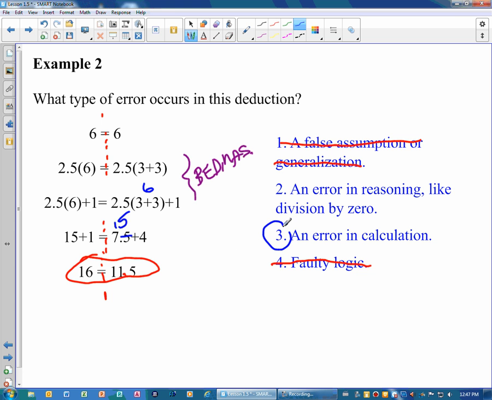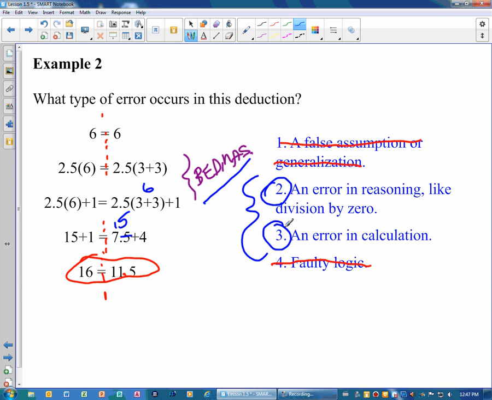You could say that. I would accept that this is an error in calculation because they didn't follow BEDMAS. But I would also accept that it's an error in reasoning because they didn't follow a math rule that we know, such as BEDMAS. To me, that's the same as dividing by 0. That's a no-no as well. So you could easily convince me it's either of these errors.